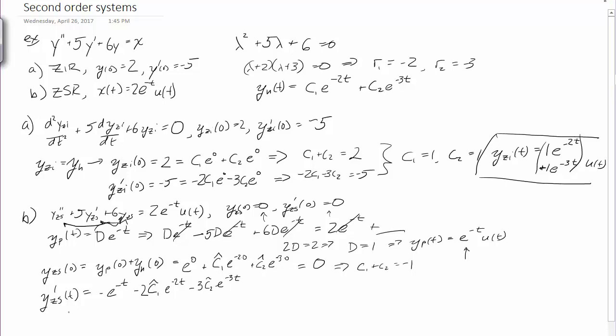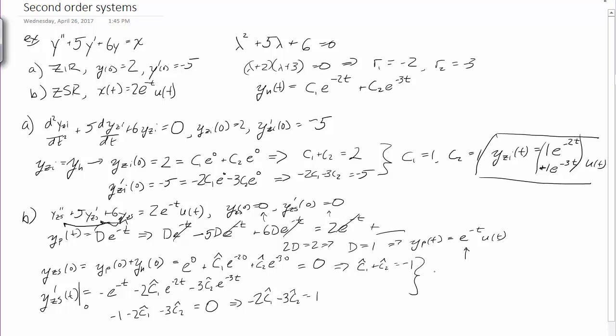Now if we evaluate everything at 0, we get minus 1, minus 2c1, minus 3c2, and that also has to be 0. Oh, I forgot my hats up here. I'm sorry. Don't go outside without your hat. And I forgot my hats back here. Hat, hat. So this simplifies to minus 2c1 hat minus 3c2 hat is positive 1.